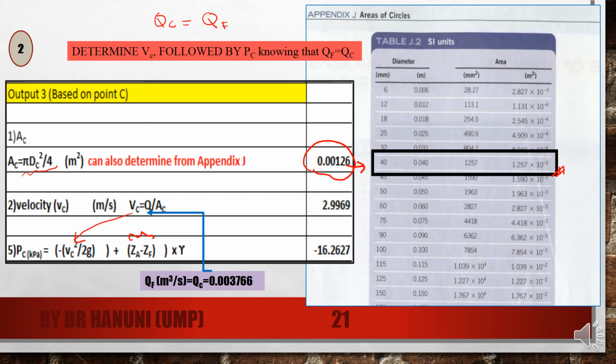So at the end you manage to get the PC, which in this case is a negative value, minus 16.2627 kPa. So we're done with point C, and at the end we already have the information of QC and PC.